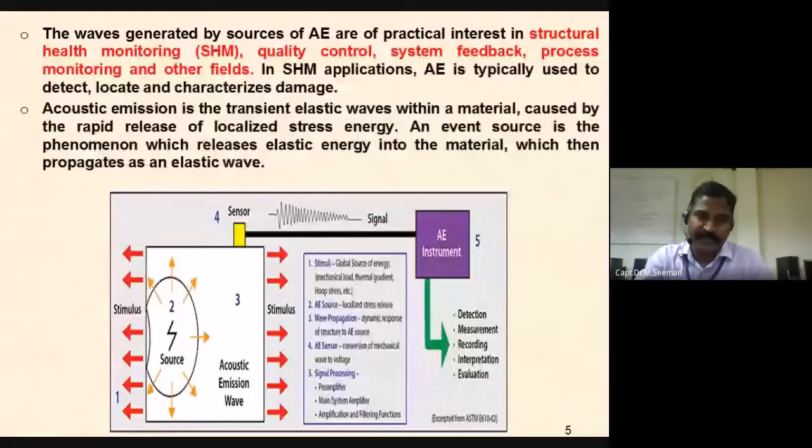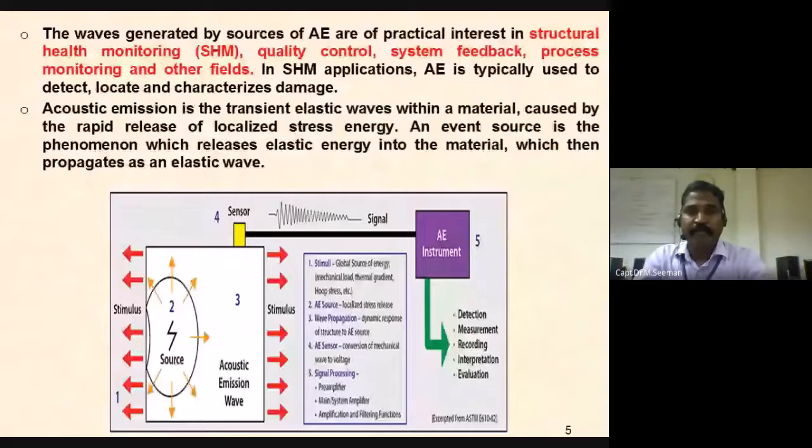The arrows indicate the acoustic emission waves. These waves are monitored with the help of a sensor. Generally, the sensor converts the mechanical waves into a voltage signal. This is the acoustic emission instrument. This instrument is mainly used to detect, measure, and record the AE data, for interpretation and evaluation.